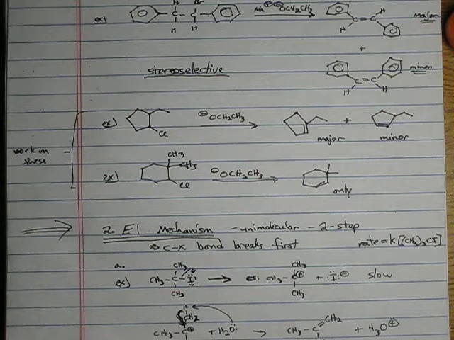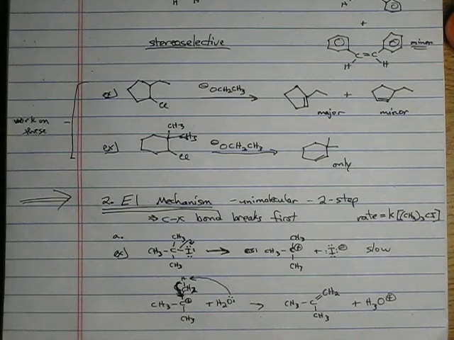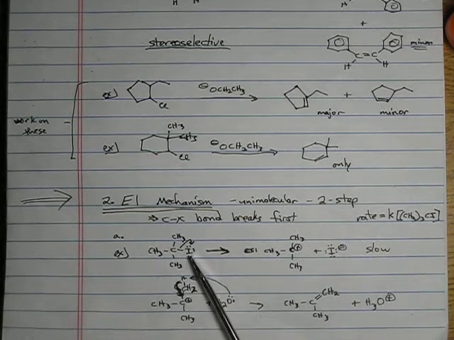Note there is another mechanism for these reactions, the E1 mechanism. Elimination, unimolecular, which means only one reactant in the rate determining step. This is a two-step reaction. The way this one works is you have your substrate, here is your alkyl halide.